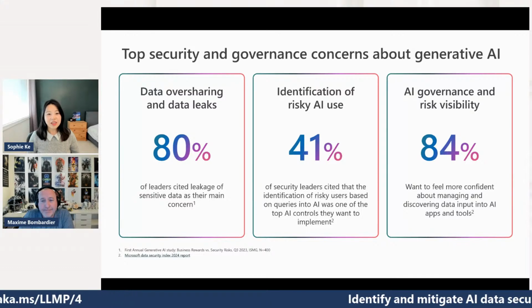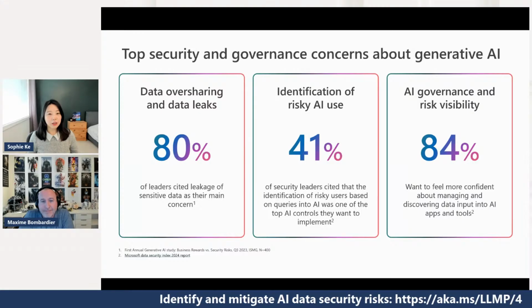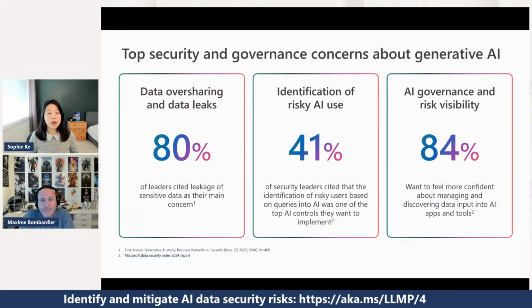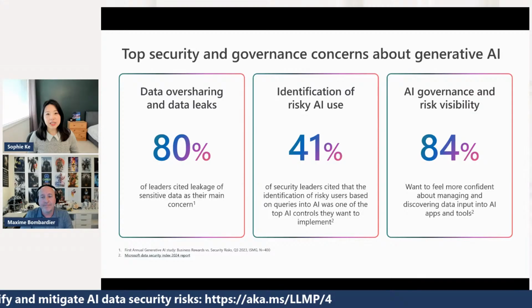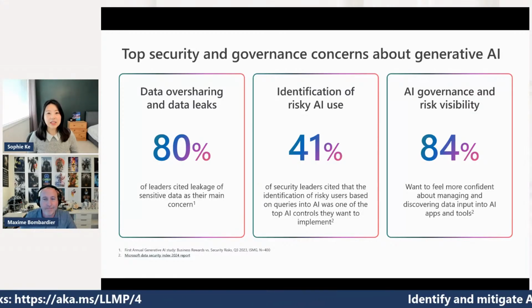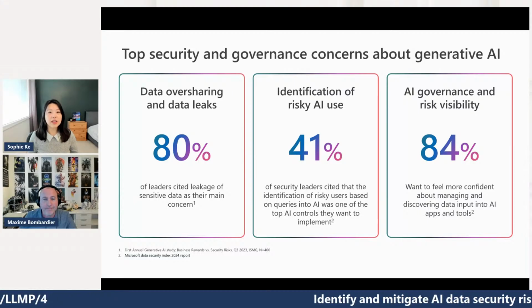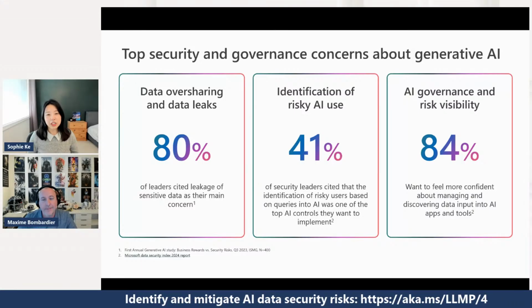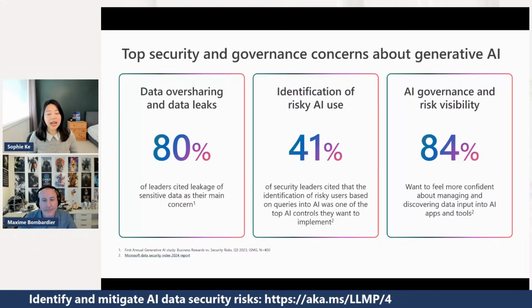Yeah. And then, once we're interacting with AI, a lot of customers like you have also raised the risk of being able to identify risky AI usage. So, we talked about this last week and the week prior, right? Potential jailbreak happening, potential inappropriate messaging happening with your AI application.